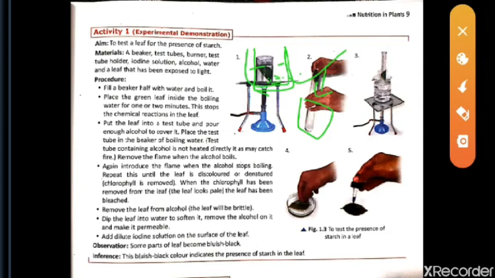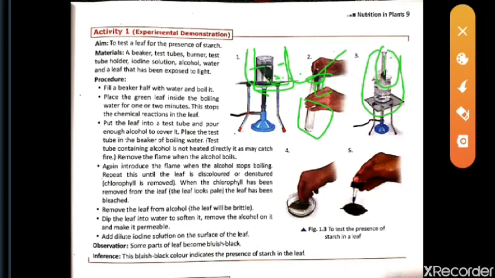After that, place a test tube holder on the test tube and dip it in that boiling water. When you put this in the boiling water, the alcohol will also start boiling. Do you know why we are using the test tube and the alcohol? Because alcohol will catch fire, so we heat it in the water in the beaker rather than directly.